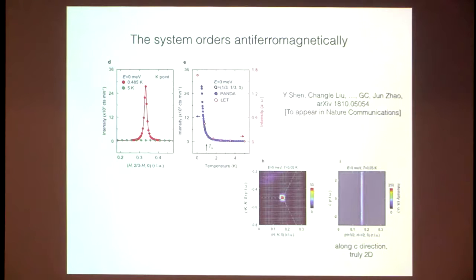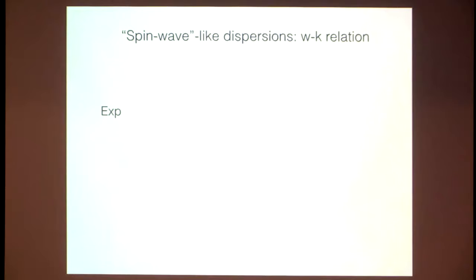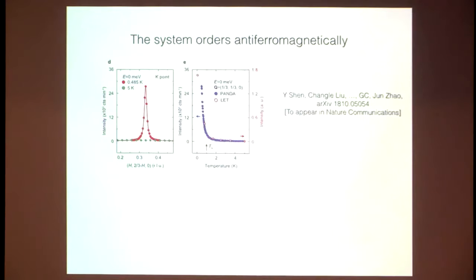So that means the system is truly two-dimensional. There is no dispersion in the z direction. So it's a two-dimensional material with a magnetic order, which orders at the wave vector at the K point. So the system orders antiferromagnetically. At which temperature? 1 Kelvin.